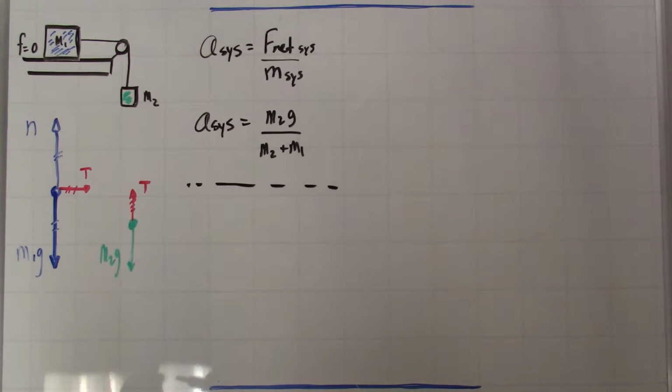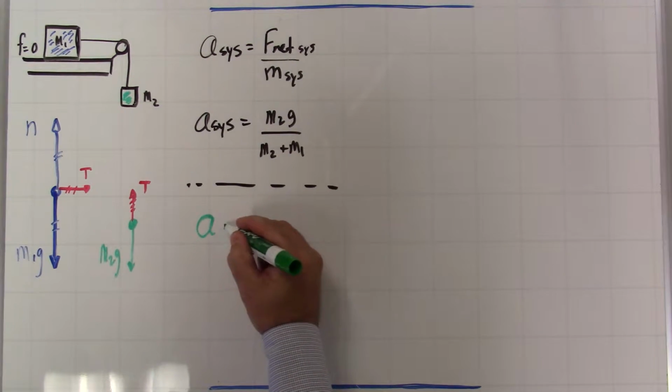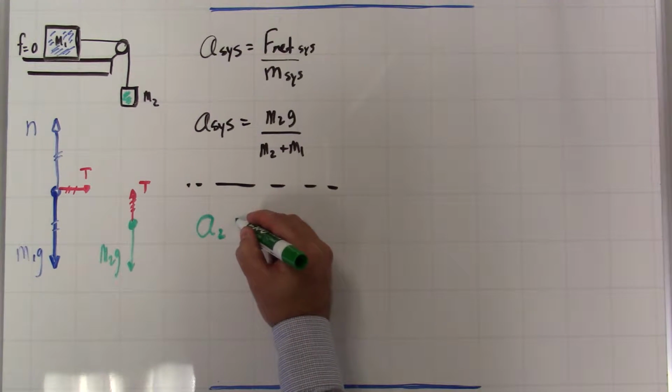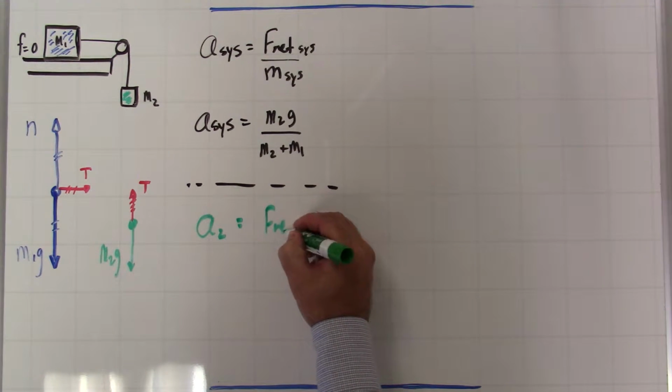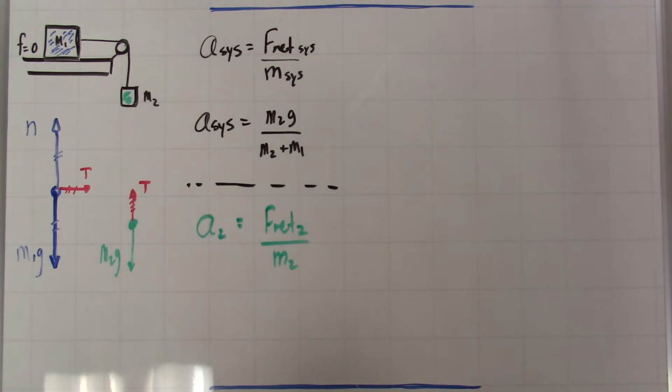Once you get the acceleration of the system, you can then solve for the tension in the string. And you can do this with either block. So let's do the green one first. The acceleration of the green block, M2, is equal to the net force on block 2 over the mass of block 2.